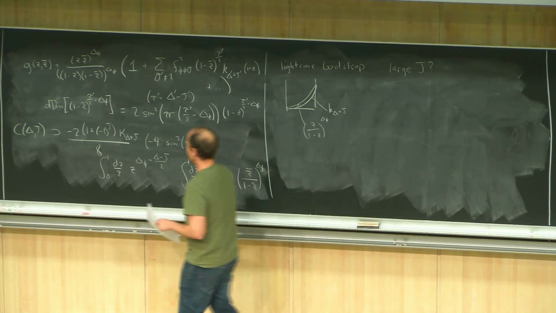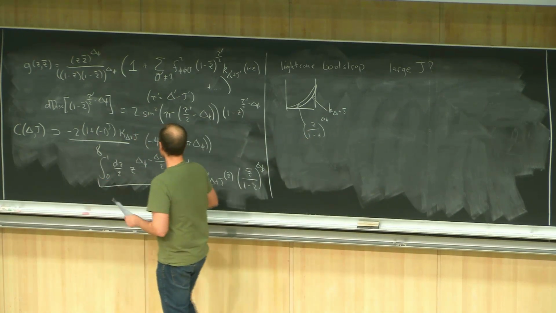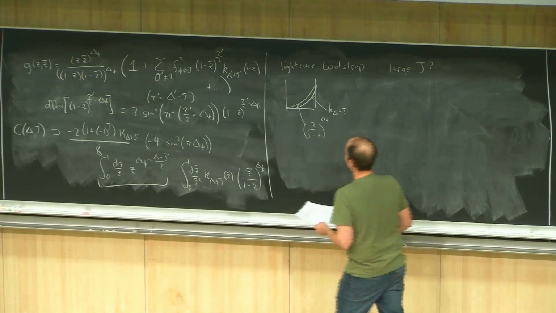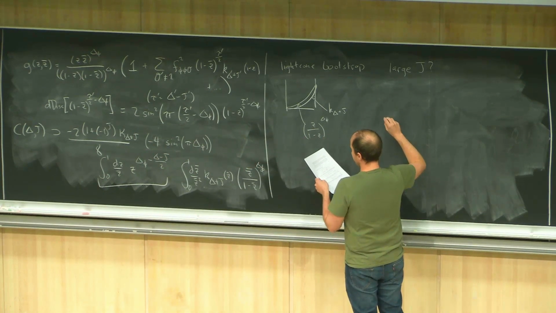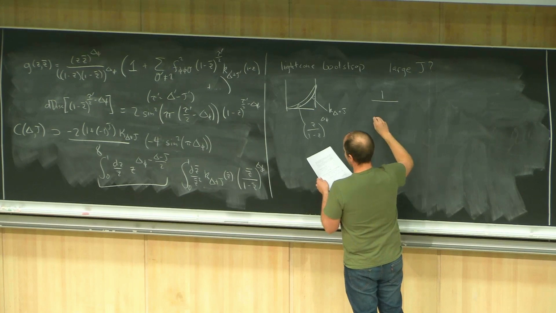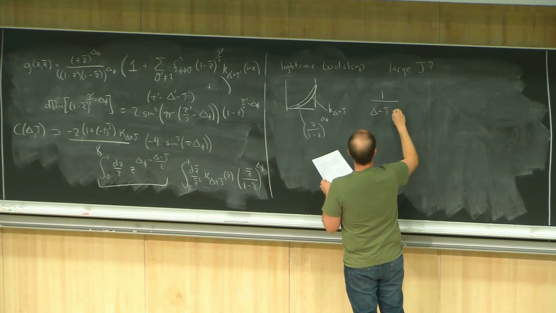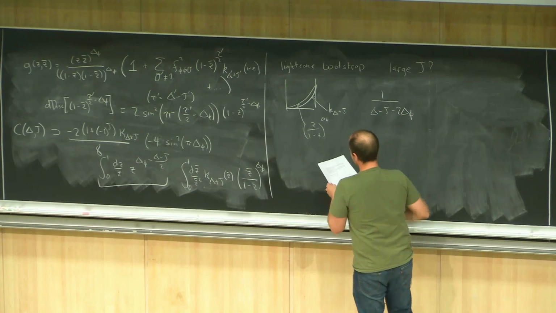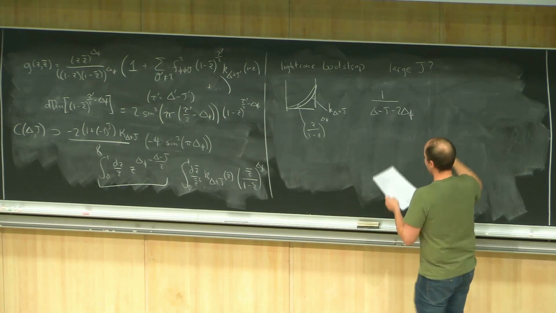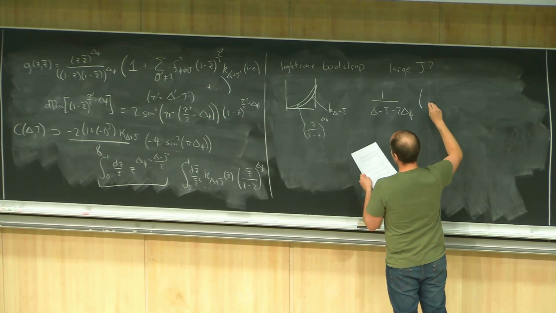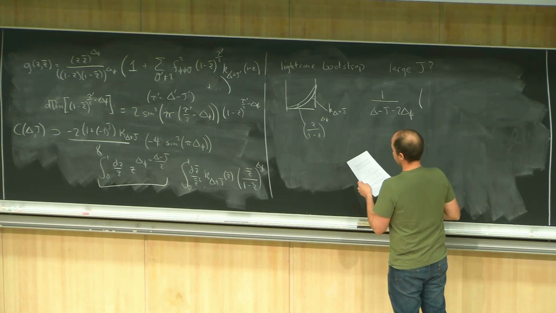The interesting thing for us is this integral. What the z integral leads to is just a pole, 1 over delta minus j minus 2 delta phi. So we get that times the result of the z-bar integral, which is some function of delta plus j.